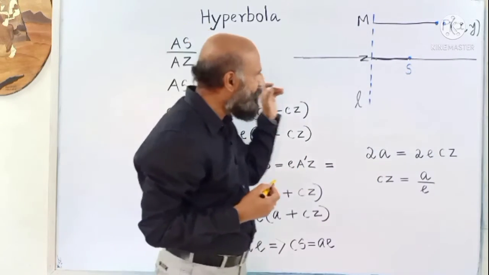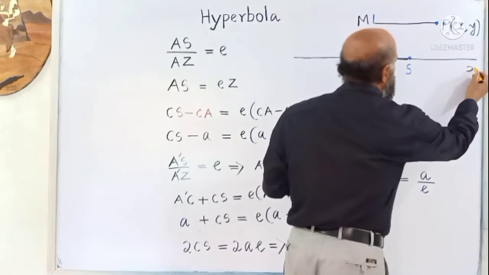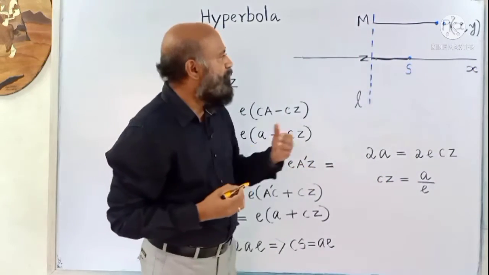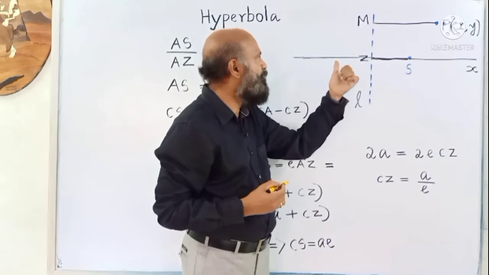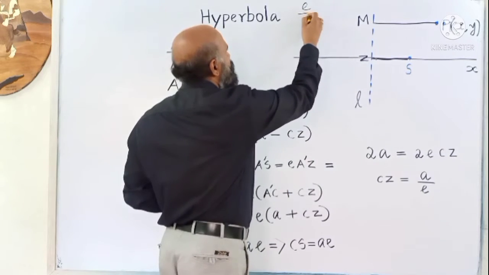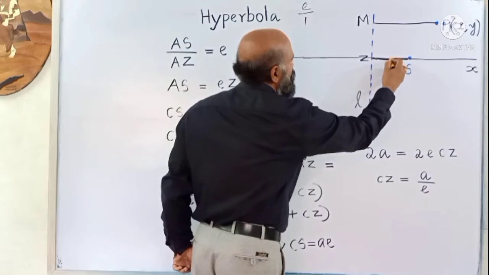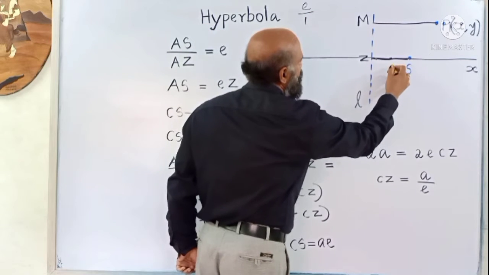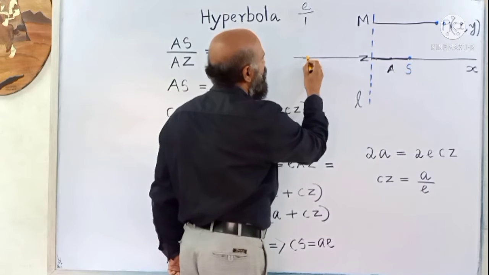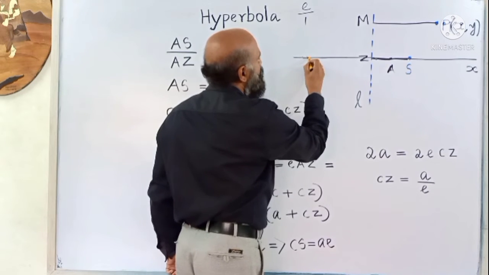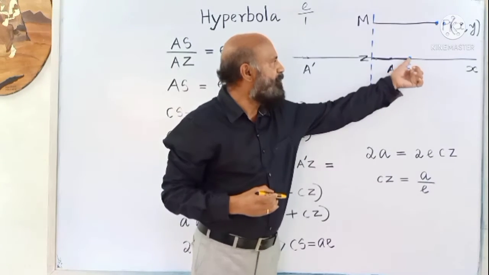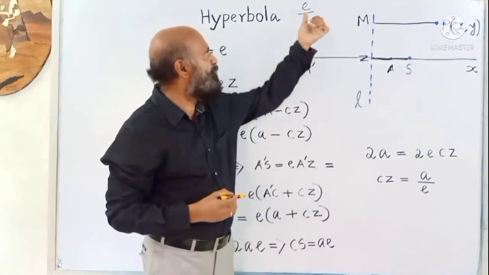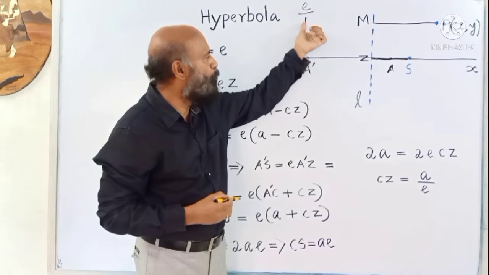And this SZ you extend. That is the x-axis. Then this SZ you divide internally and externally in the ratio e is to 1. So let A and A dash be the points which divide SZ internally and externally in the ratio e is to 1.